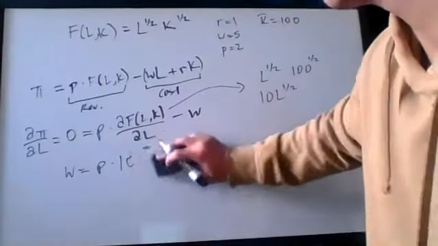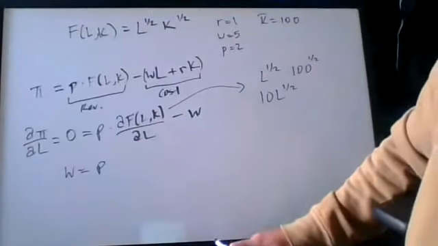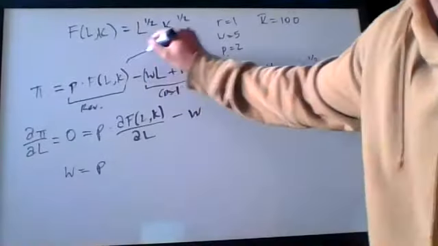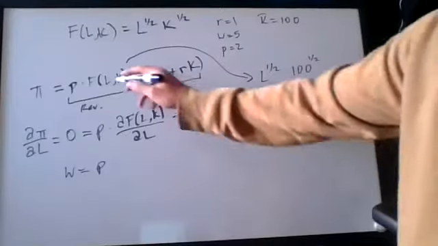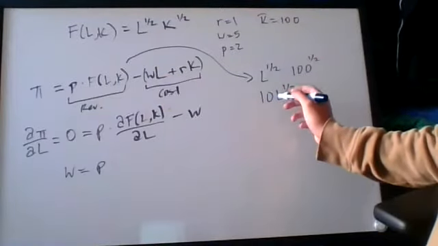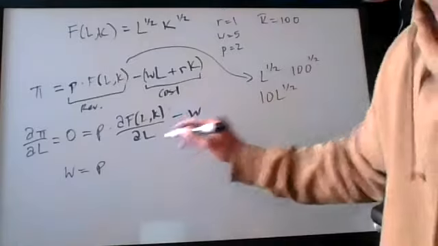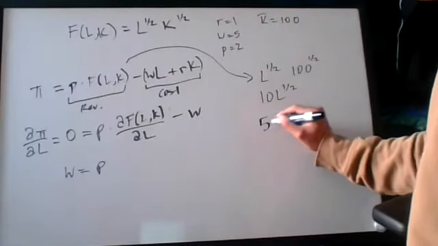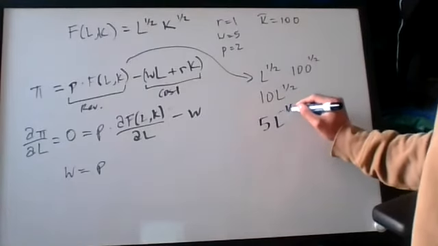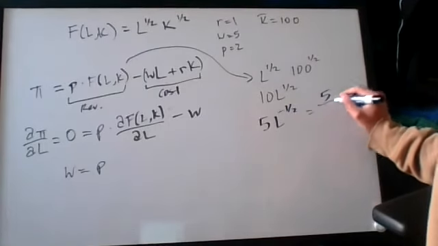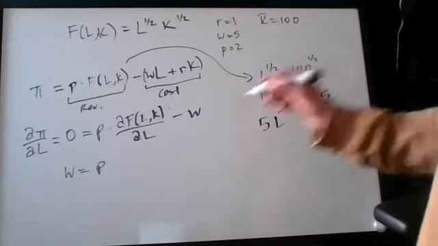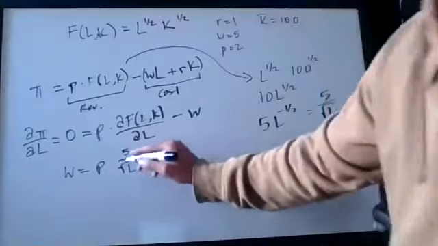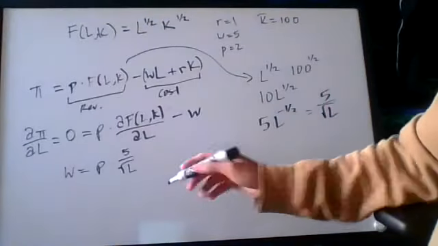Actually, no, this is not quite right. This leads to this, so this is my production function, and I want to take the derivative of it. This leads to 5L to the negative 1/2, which is equal to 5 over the square root of L. This is the marginal product of labor, okay?